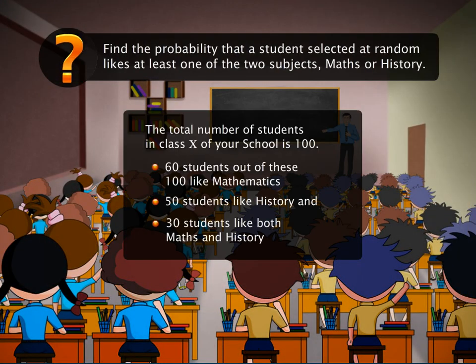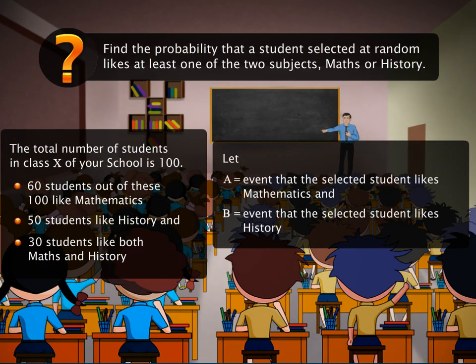Let us go back to our problem and try to find the probability that a student selected at random likes at least one of the two subjects, mathematics or history. Let A be the event that the selected student likes mathematics and B be the event that the selected student likes history.